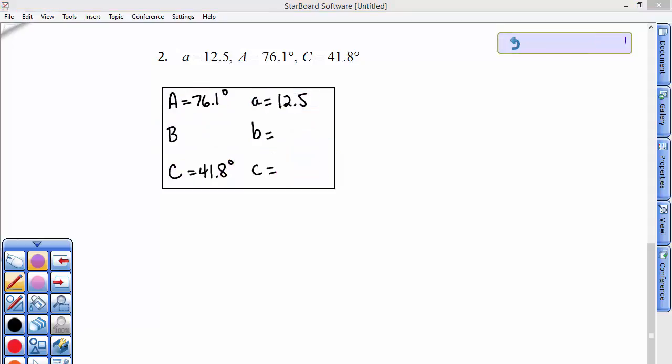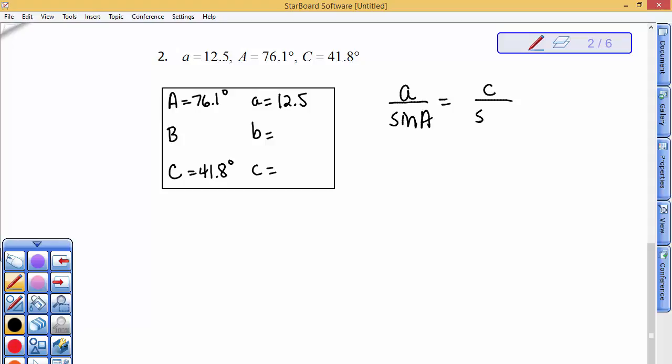I'm going to use the form of the law of sines that uses A and C's right now because I want to find side C. So side A, I'm going to put in 12.5. Angle A, I'm going to put in the 76.1 degrees with the word sine. Angle C, I'm going to put in 41.8 degrees.